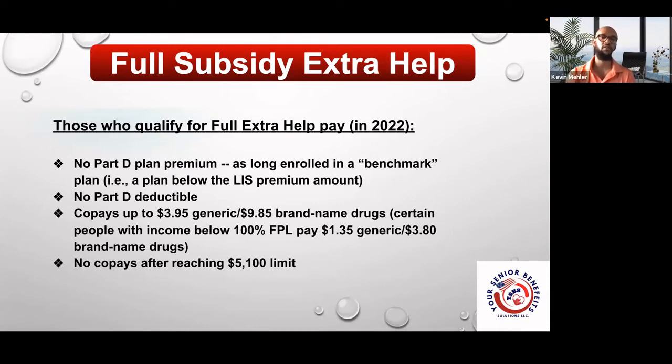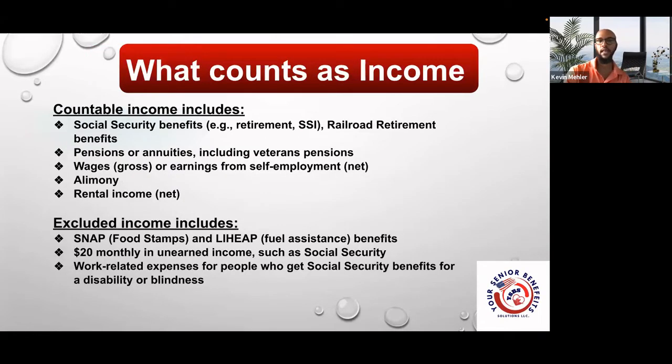But again, I'll show you how you can look that up. And then after they reach a certain limit, like the $5,100, they wouldn't have any copays, so they would not be responsible for anything because they live on a tight budget. Okay, I'm talking about $800 a month and less.